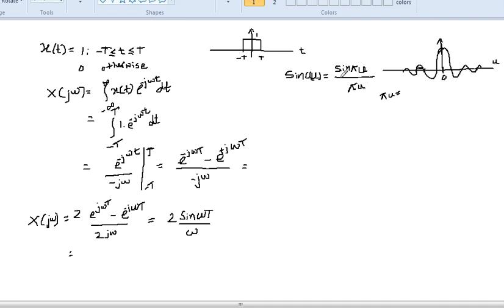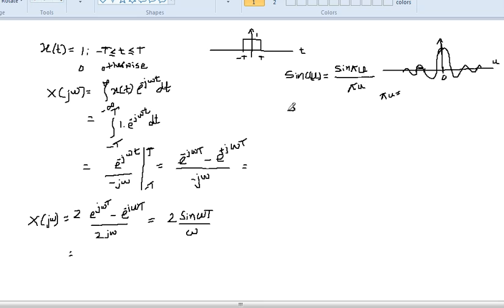So this sinc function is a function wherein sinc of u, if we are writing, we can write sinc of t also. If sinc of u, any variable it is, then it is sine of pi u divided by pi u.